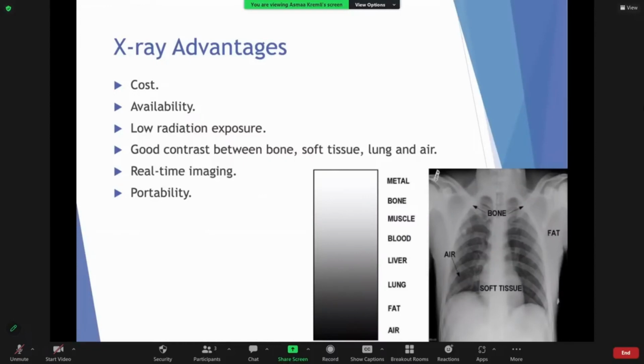And one of the advantages as well is portability. X-rays can be taken at bedsides or clinics, making it a convenient option for patients who are unable to move. These are mainly the advantages of radiographs.